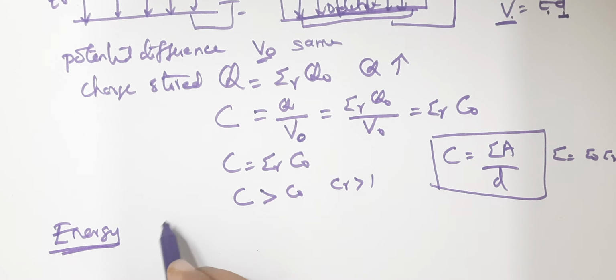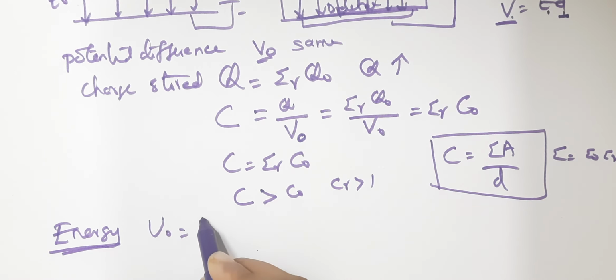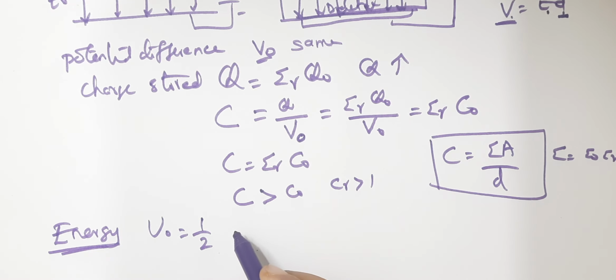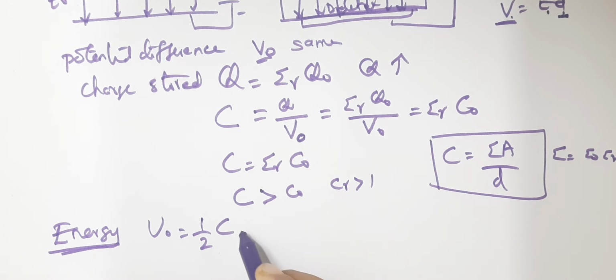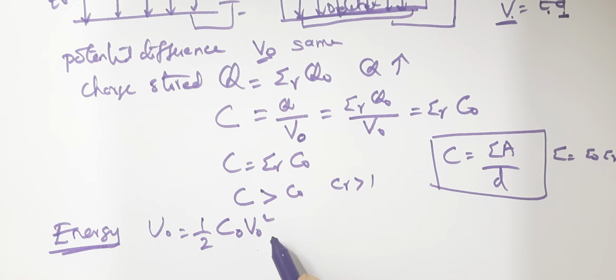Before the dielectric, we have to write U0 equal to half Q0 square by C0. That we used in the previous case. Here we are going to use another formula, half CV square, that is half C0 V0 square before the dielectric.